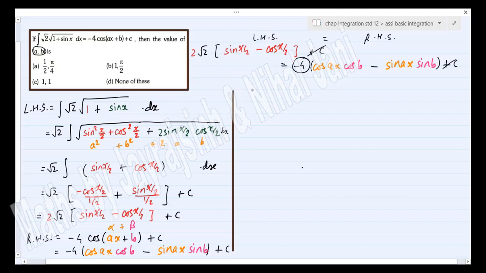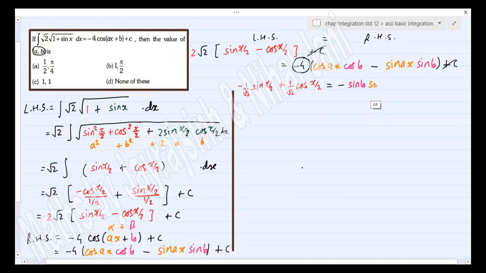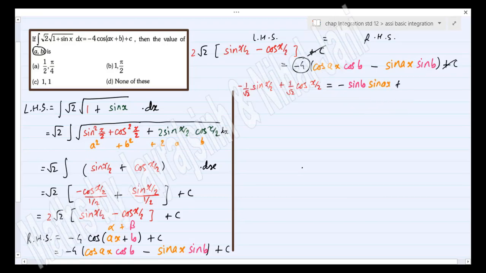So on left hand side we will get minus 1 upon root 2 sin x by 2 and minus minus will become plus 1 upon root 2 cos x by 2 is equal to, if we rearrange the right hand side, we will get minus sin b into sin ax plus cos b into cos ax. So now we can compare the left hand side with the right hand side.